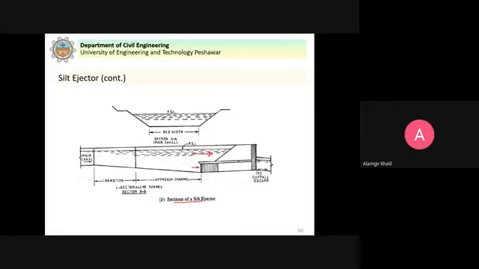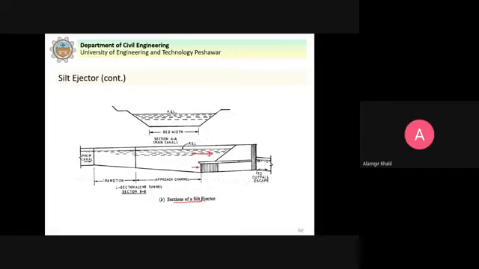So the water can flow here, the water can flow in this river. Now in this place we can construct the diversion headwork, barrage or weir on a dry land in the by river.